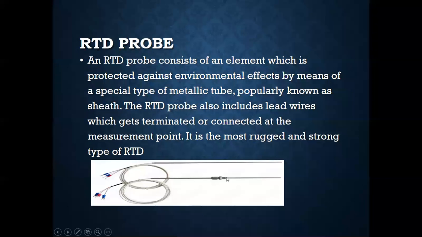So we are protecting the RTD with a sheath. The RTD probe also includes lead wires. You can see this is the lead wire. This fixed part is the probe, and after that you can see the lead wire.